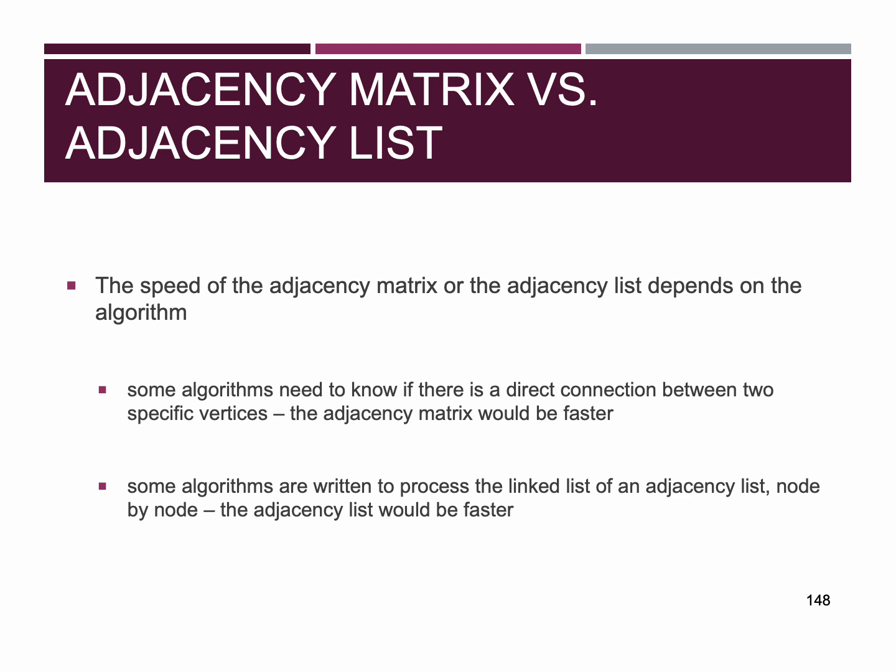And for some algorithms which are written to process the linked list of an adjacency list node by node, the adjacency list would be faster. So we cannot say which one is better. It always depends on the algorithm. So whatever algorithm you're using, for some algorithms adjacency matrix is faster, for some other algorithms adjacency list would be faster. So both are equally important.